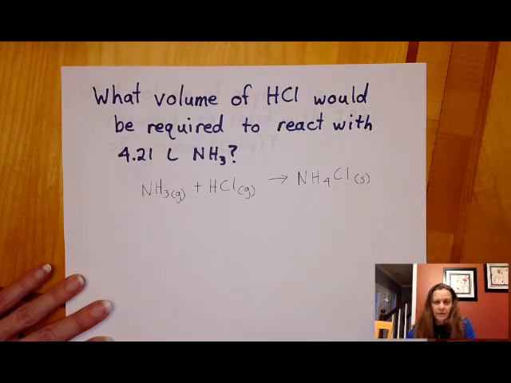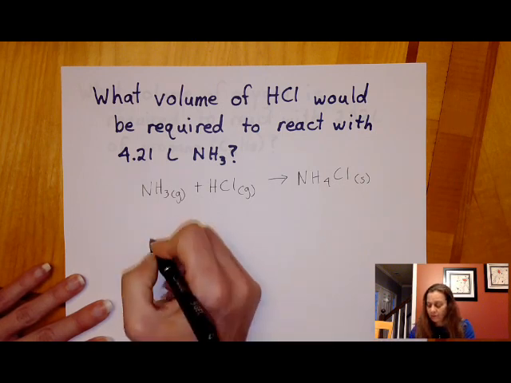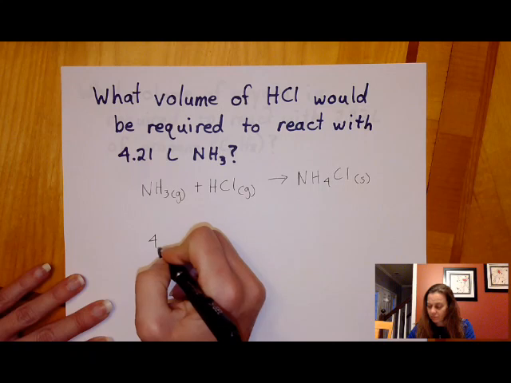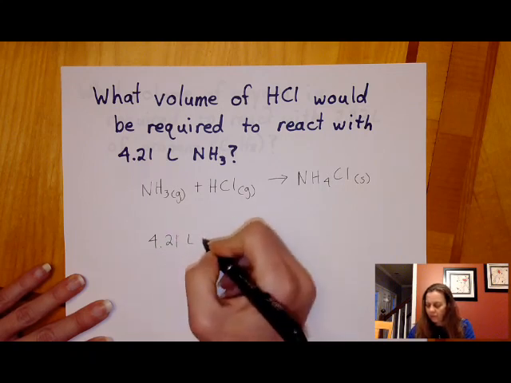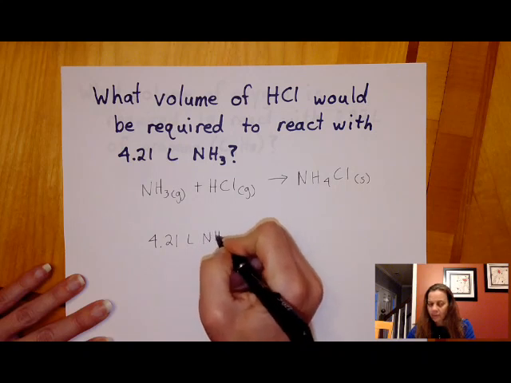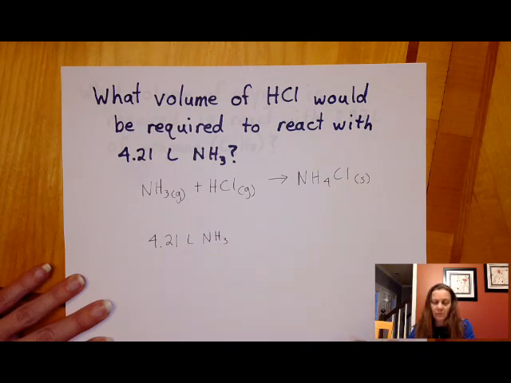And so it asks us what volume of hydrogen chloride gas would be required to react with the 4.21 liters of ammonia. So we're going to start, as we do any stoichiometry, with what we know, 4.21 liters of ammonia. Now, normally in a stoichiometry problem, we would now convert this to moles, and then for moles, we would use the mole ratio and then convert to whatever unit we're being asked.